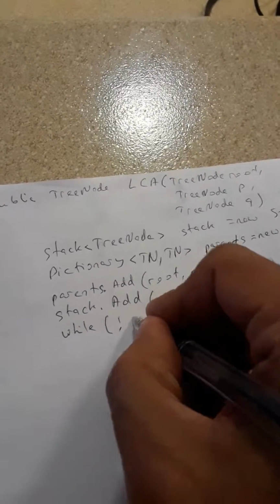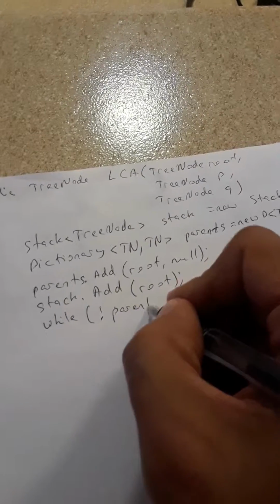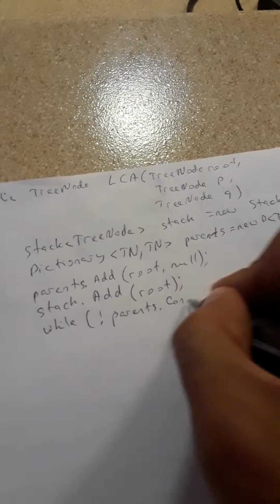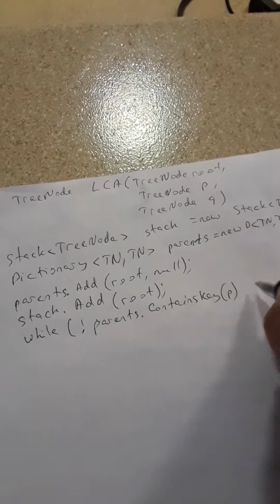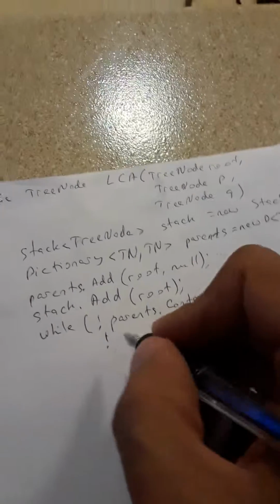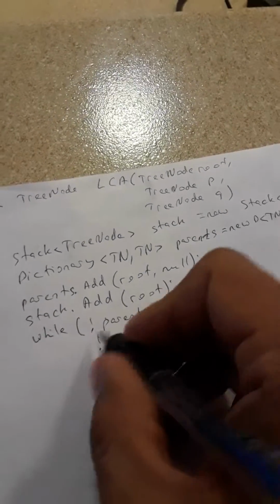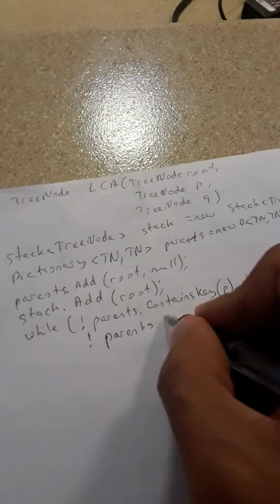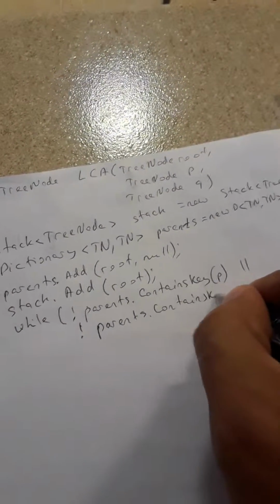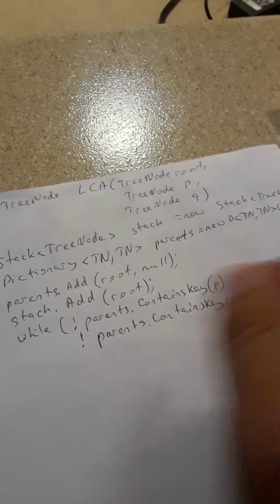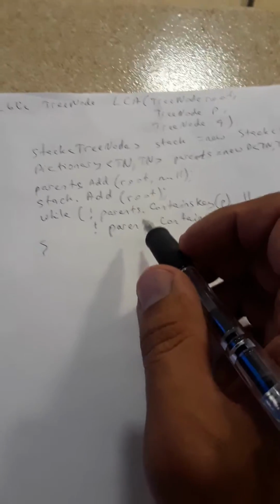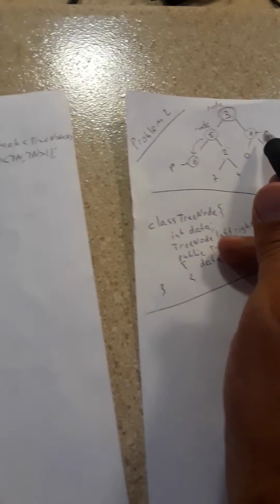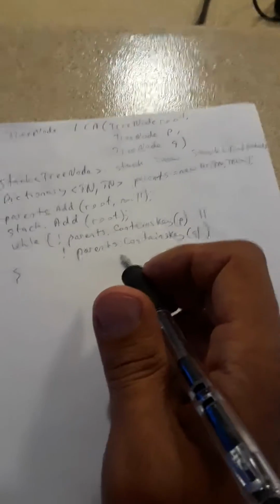I will do it as a while loop: while parents doesn't contain key P or parents doesn't contain Q. So it will make sure that until we find both of these nodes in the tree, we'll keep adding keys and values to our dictionary.